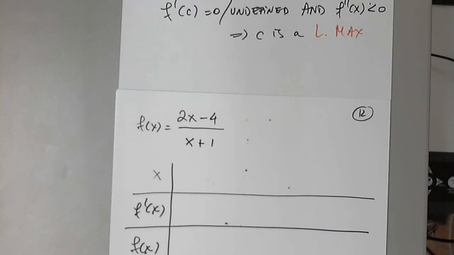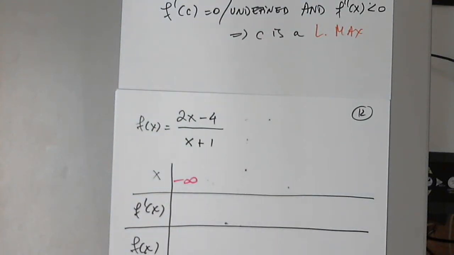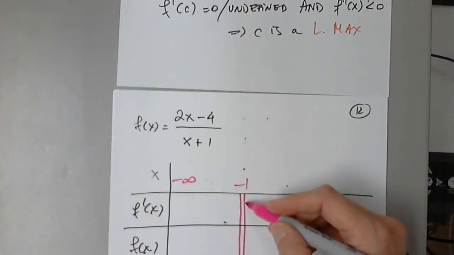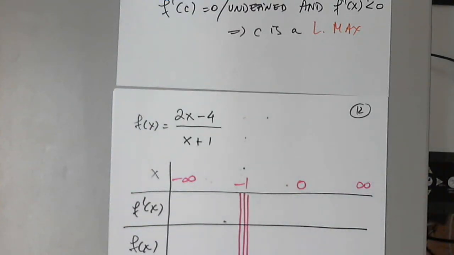Okay, domain first. Careful, negative infinity to... Very good. 0 has to be in the table, always. Even if the function is undefined there, 0 has to be in the table. Good. Now, this function is rational.